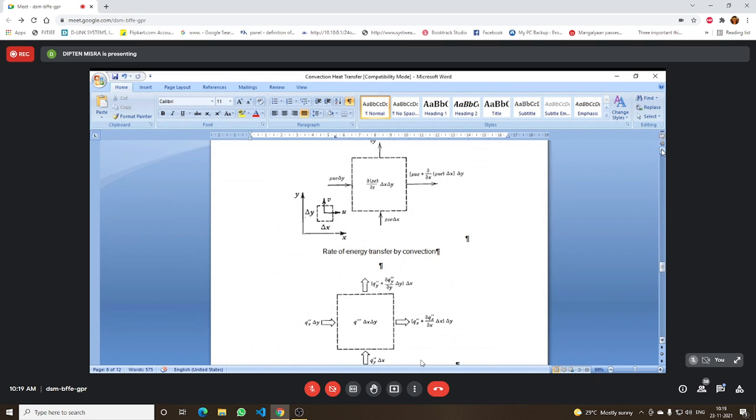Any other form of energy coming into this control volume? Because you have studied thermodynamics. There, whatever you have done, you are doing the same thing over here. Only in thermodynamics, we have not explicitly considered the conduction part, but this part you have taken in thermodynamics.